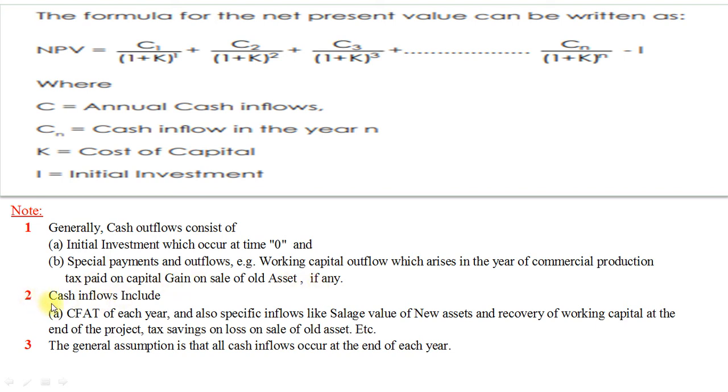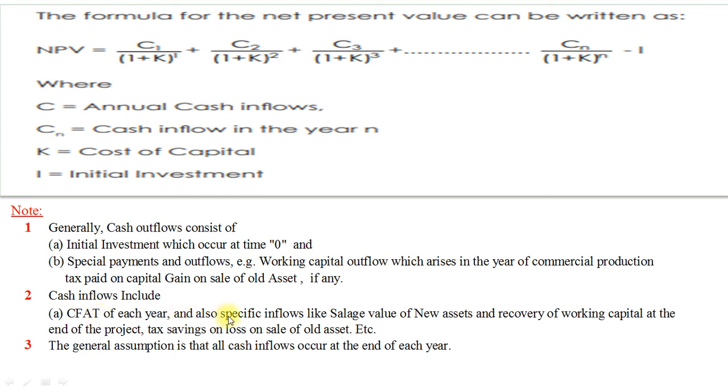Now the second note is cash inflow. Cash inflows include CFAT, that is cash flow after tax of each year. How to calculate cash flow after tax was already discussed in lecture number 1.